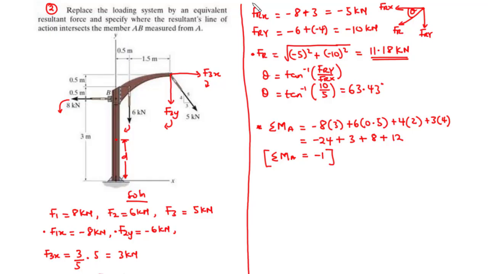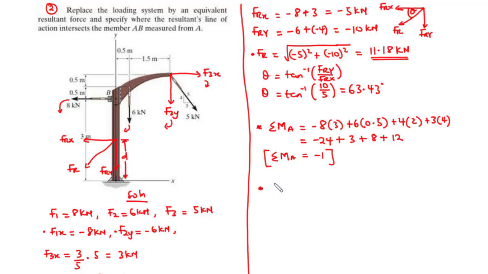So we have the X component to be negative, so we are going to move along this line. Y component also to be negative, also along this line. And then we have this to be FR. So FRy, and then FRx. So we are going to find the moment using FRx and then FRy.